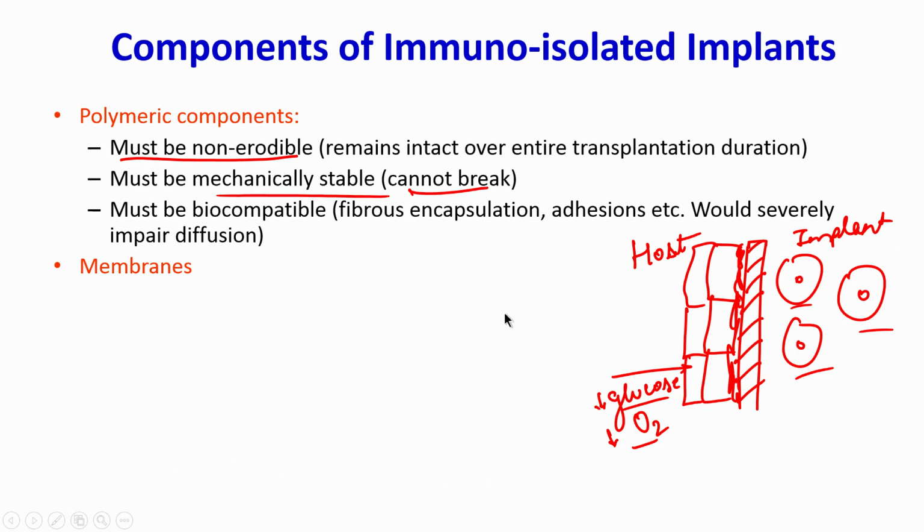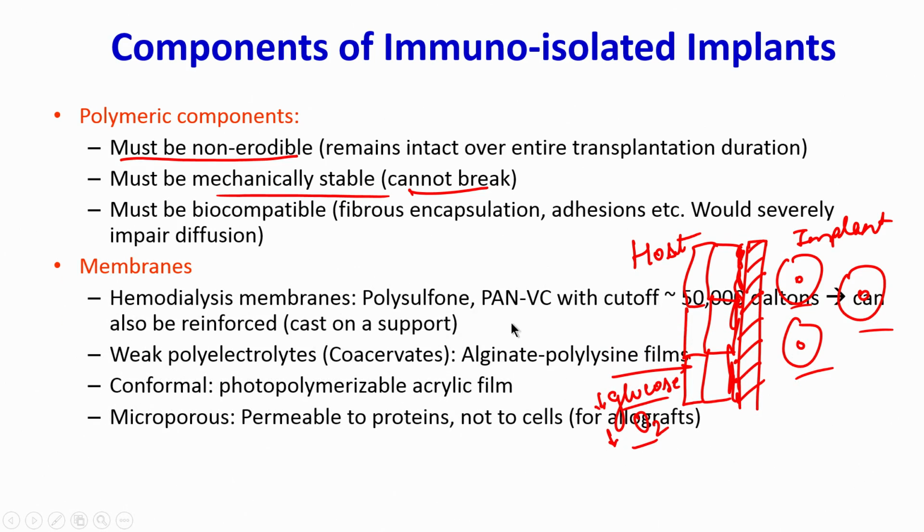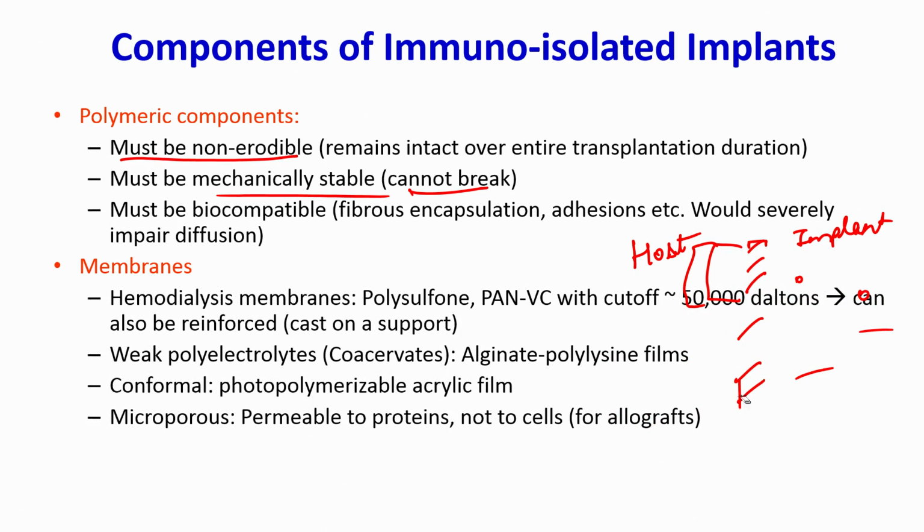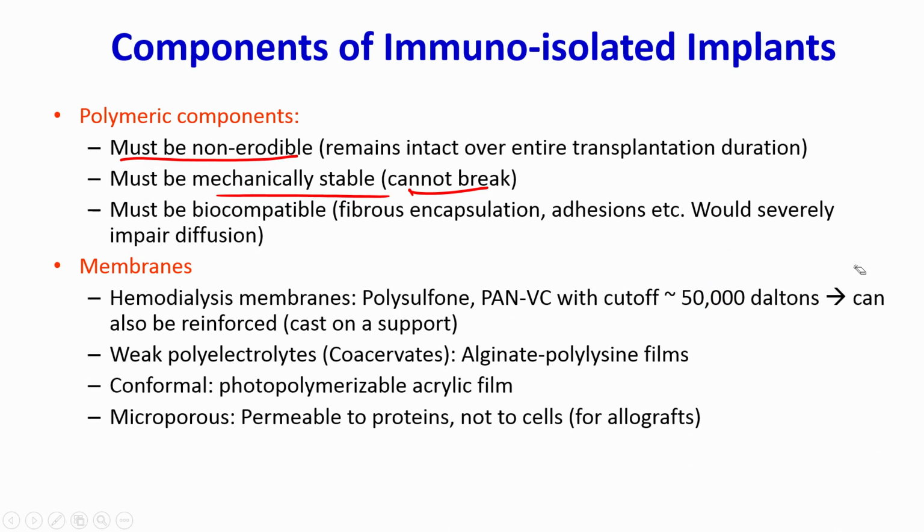They may not be polymeric, this could be let us say some membranes. So, if you are using membranes, there are again some components and criteria that you need to take care of. So, one being that let us say if it is a hemodialysis membrane made out of polysulfone or something else, they need some support, because these membranes are fairly thin.